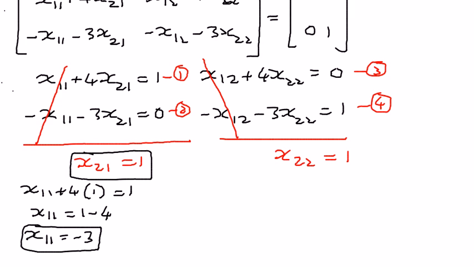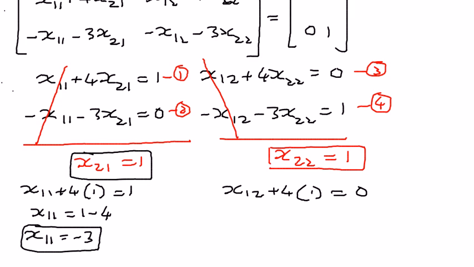Once we got the value of x22, we can find the value of x12 by plugging it into equation 3. So that will be x12 plus 4 times 1 is equal to 0. Then x12 is equal to 0 minus 4, because when we subtract 4 on both sides, the 4 cancels out on the left hand side and appears on the right hand side as a negative 4. Therefore x12 is equal to negative 4.